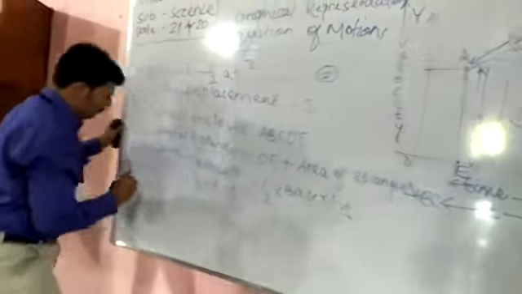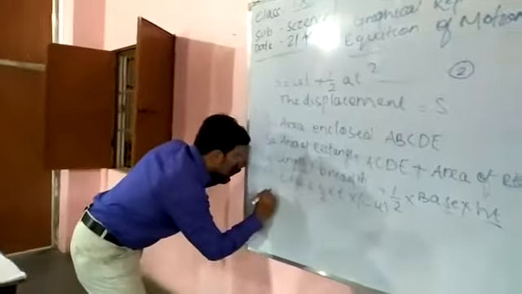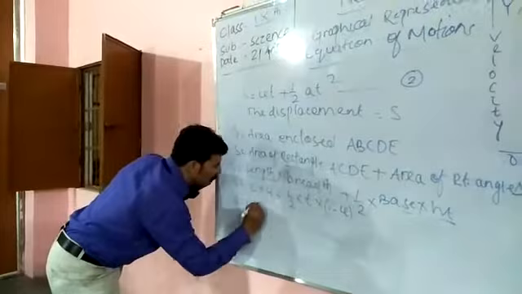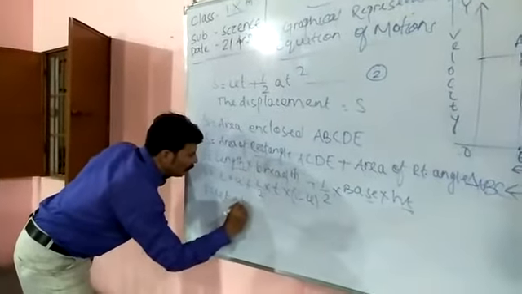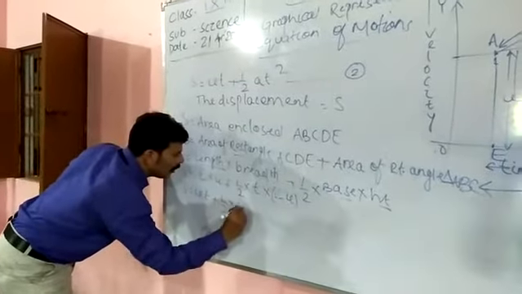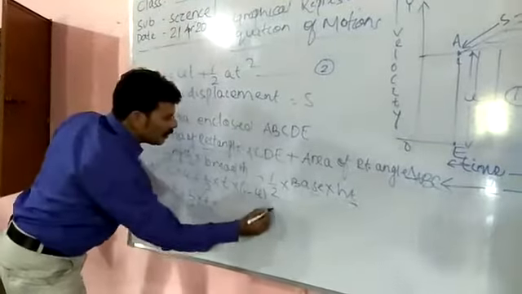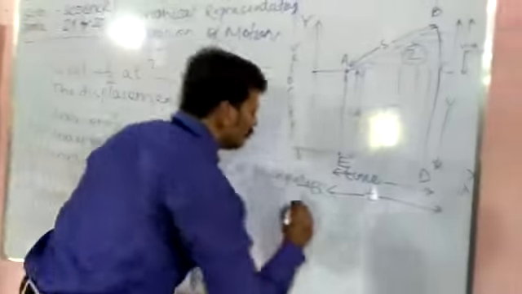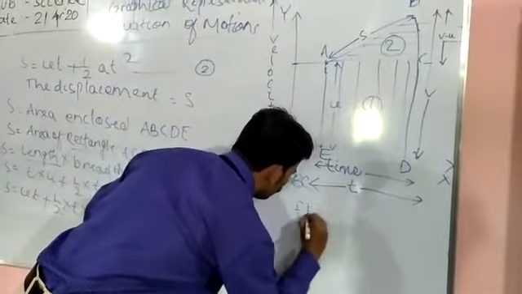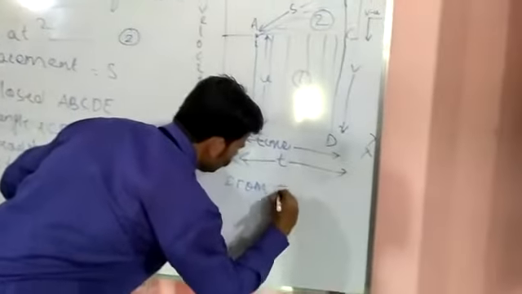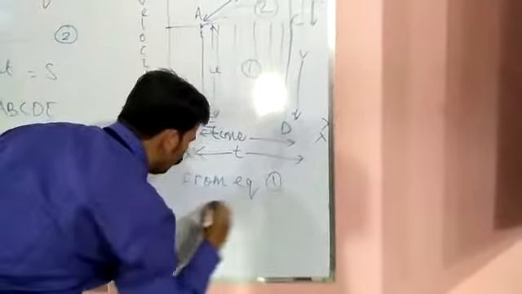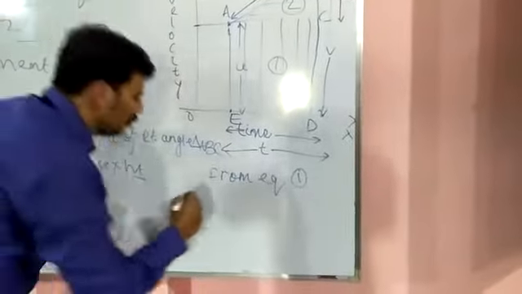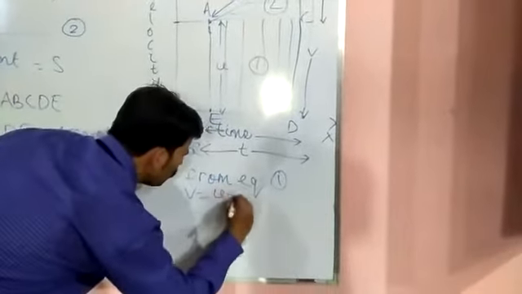So S is equal to ut plus half into t into v minus u. But from the first equation of motion, we know that v is equal to u plus at.